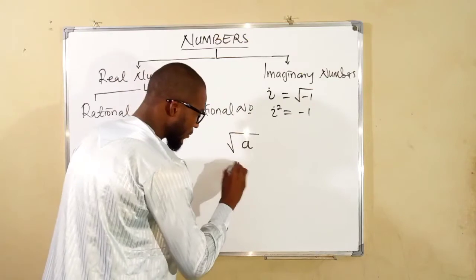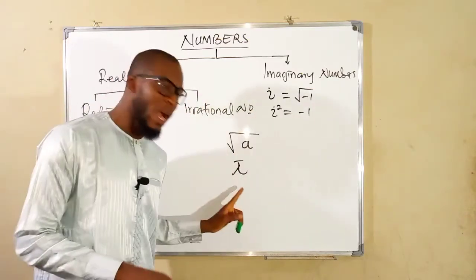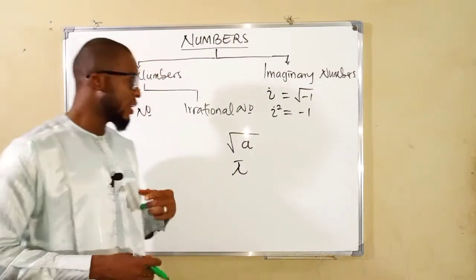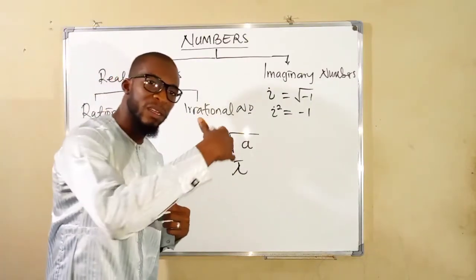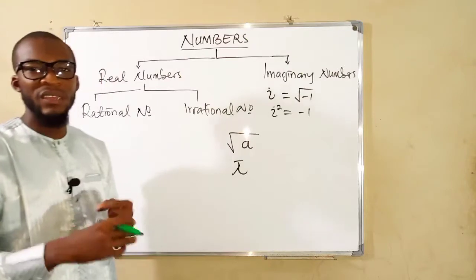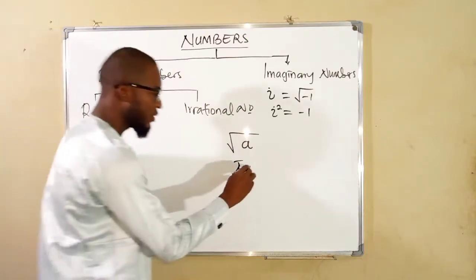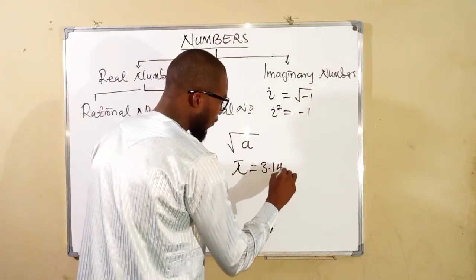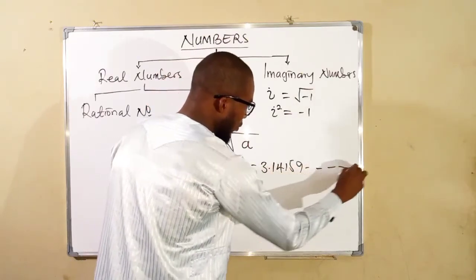We know pi. We say pi is an irrational number because it has non-terminating decimal values that are not recurring, which is approximately equal to 3.14159 and so on and so forth.